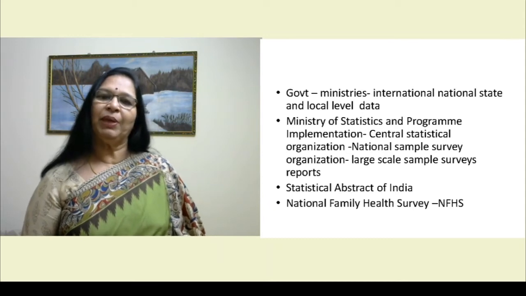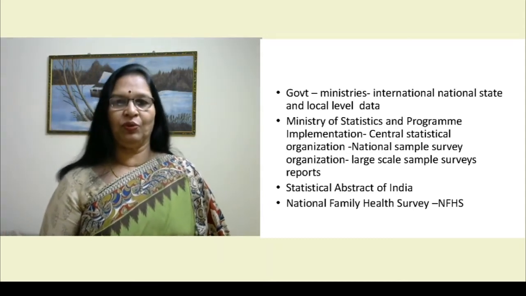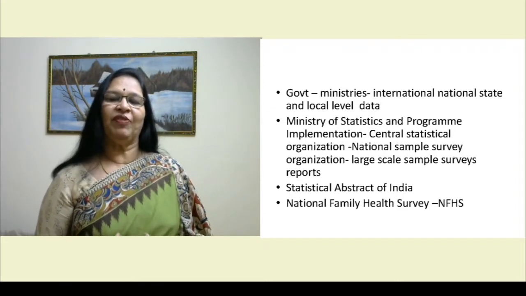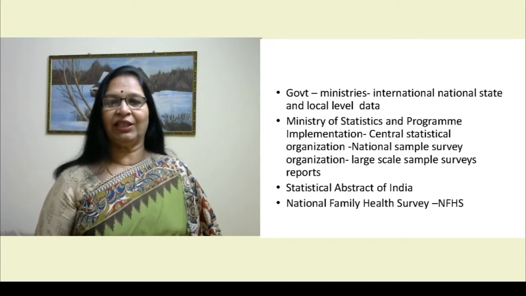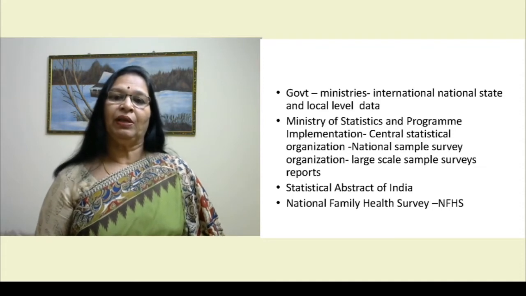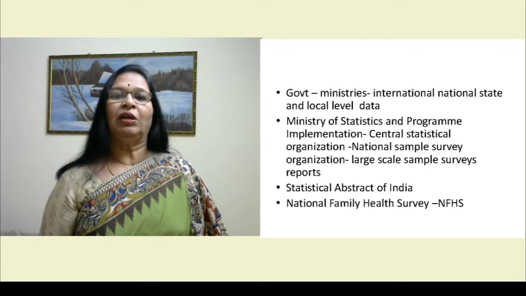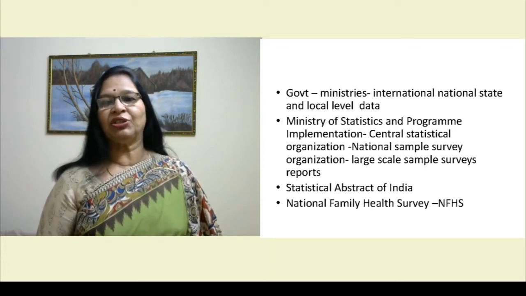Now, who are the major agencies which collect data? Government, of course. Secondary data is collected by various ministries of the government at the international level, at the national level, at the state level, and at the local level. At the international level, it could be about trade, cultural exchanges, or political relationships between nations.